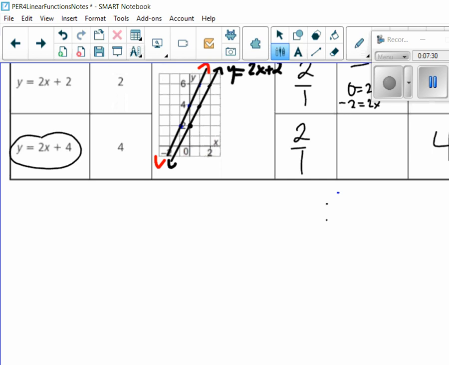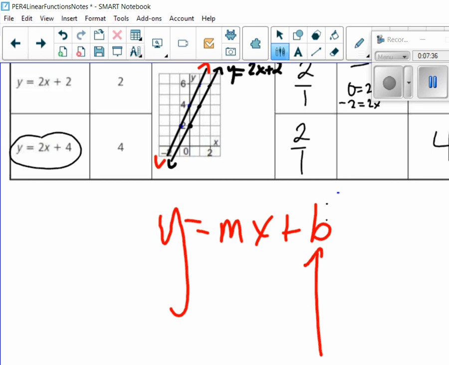Okay, so y equals mx plus b. What's that stand for again? Your y-intercept. What does that stand for again? Your slope. And what's the quick way of graphing? First plot what?